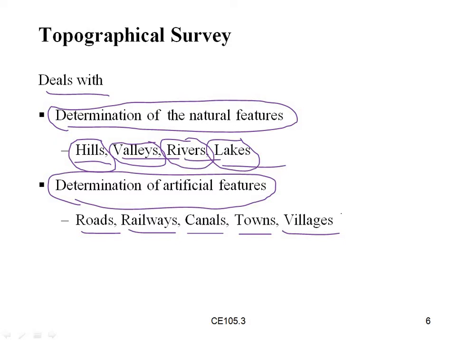In the GPS map, if you enter the location or latitude digits, you can find the location. In the same way, in the topographical survey, with the surveys done on the field, we can find the length of the roads, from starting to ending where it is going, and how many turns are there in the roads.